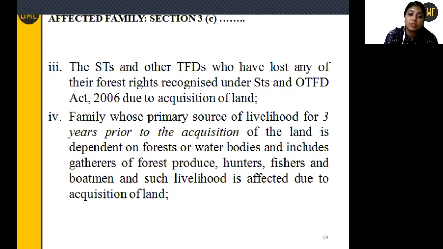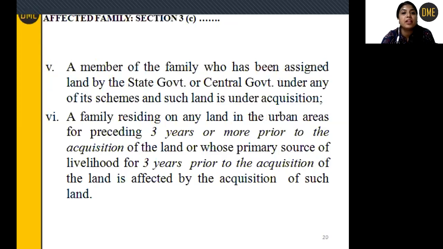So any person from scheduled tribes or any other forest dwellers who is enjoying some kind of forest rights which were recognized in the 2006 Act will also be considered as affected family. Then a family whose primary source of livelihood for 3 years prior to acquisition of land is dependent on forests or water bodies, and includes gatherers of forest produce, hunters, fishers, boatmen, and such livelihood is affected due to acquisition of land. This would be affected family.